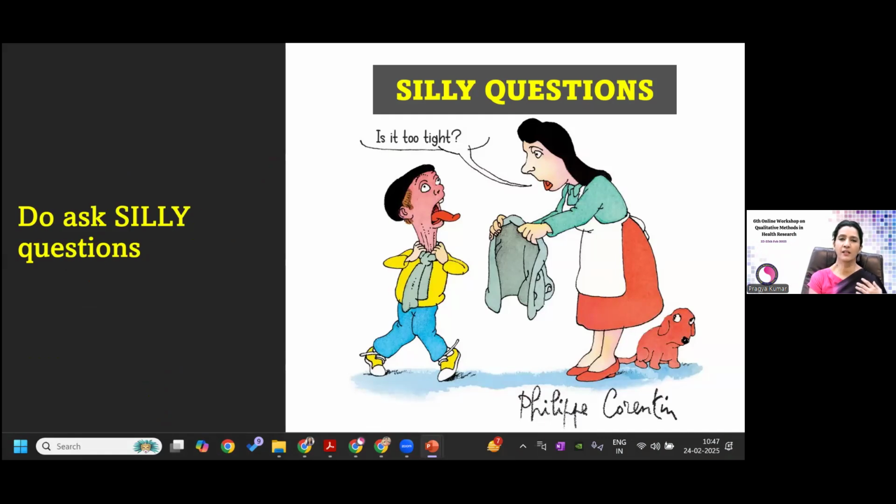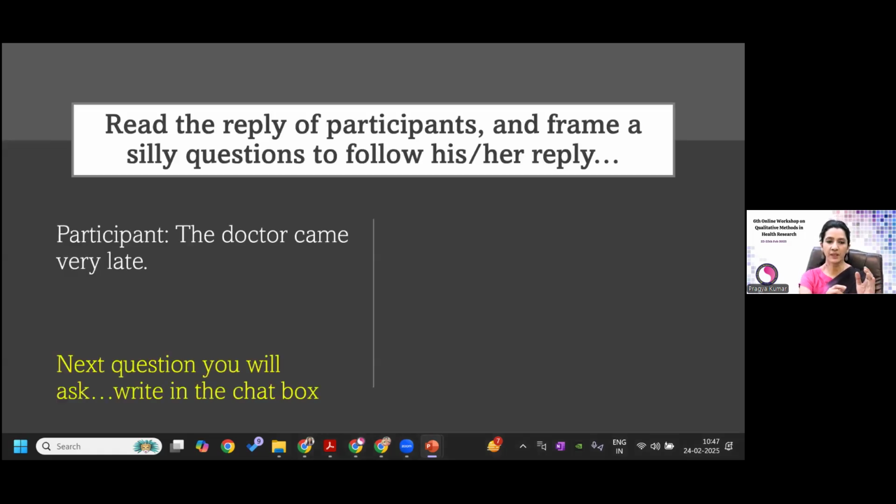And that way you will see, we have experienced that whatever you are thinking, they will say exactly the opposite. So again, here you can see the participant said that the doctor came very late. And then for the next question, if you have to ask some silly questions again, doctor came very late, what silly question can you ask?